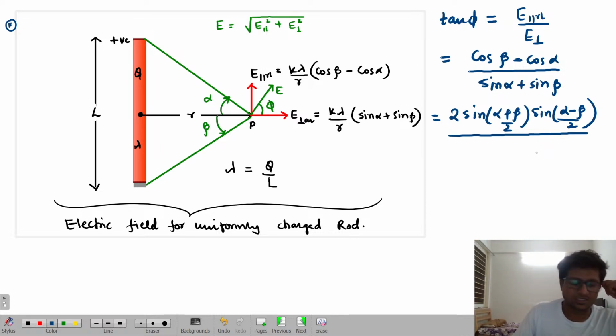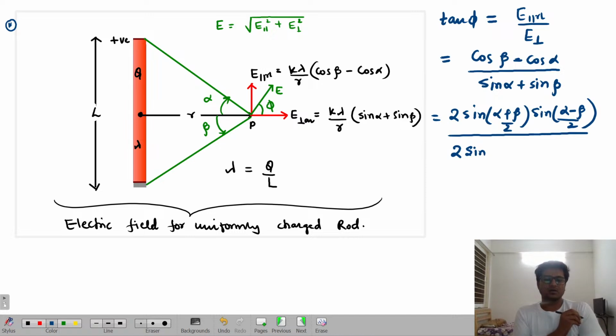No, it will be alpha minus beta, I'm correct. And then next, I can write this as 2 sine. This will be written as what?